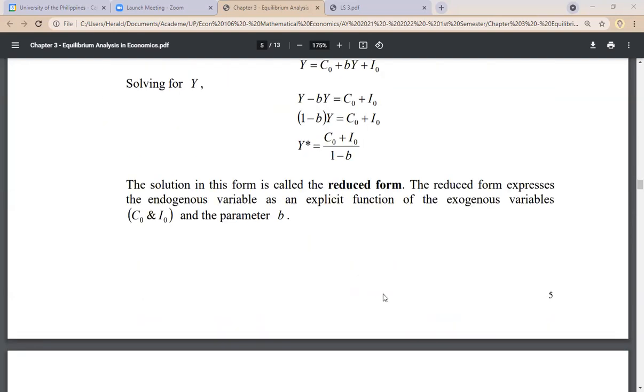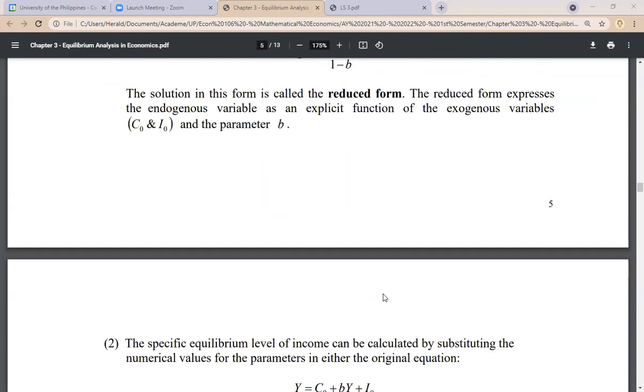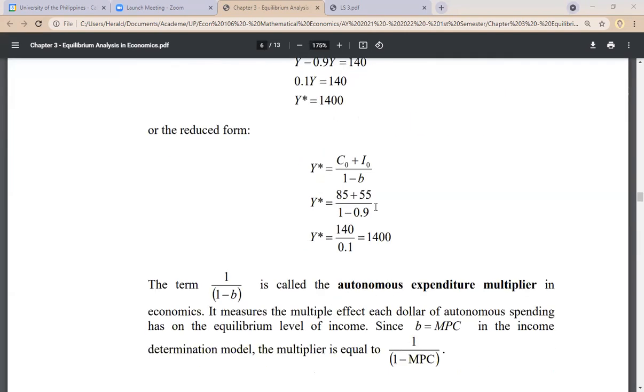All right. So what happens after is, because we have the reduced form already, again, we can just directly substitute the specific values into that, and then we will be arriving with y star equal to 1,400.